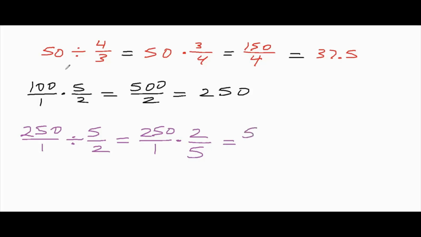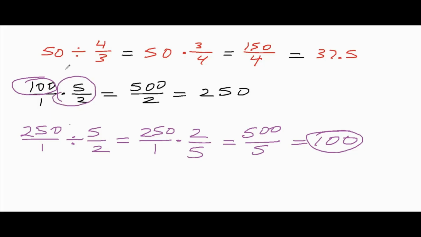And then that would give us 500 over 5. And hey, guess what? We're back to the 100. And so just looking at the fact that we wanted to do the opposite of this, which really is just this, which when it's carried out actually turns into this, well, then it makes sense that dividing by 5/2 would have to be the same as multiplying by 2/5.